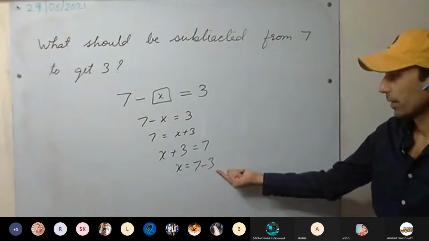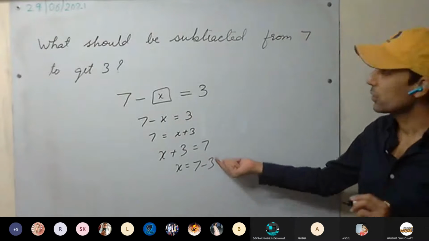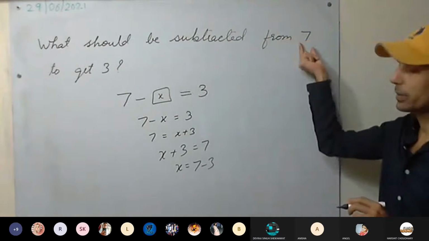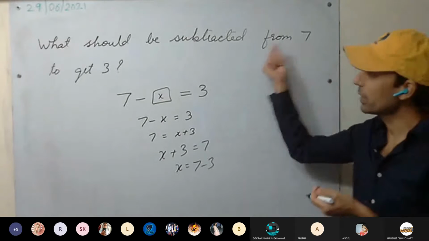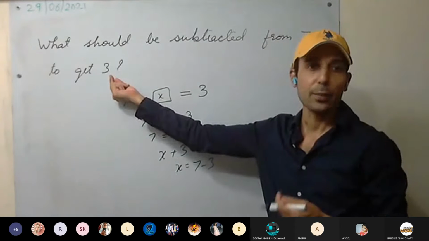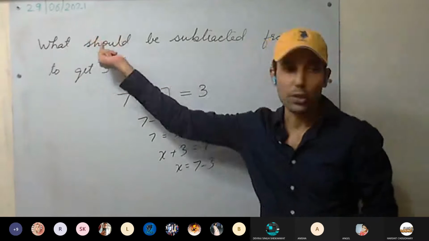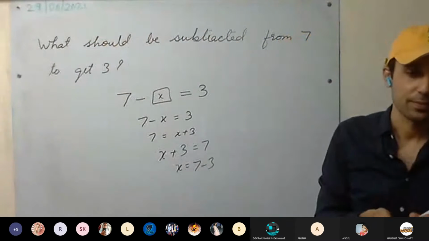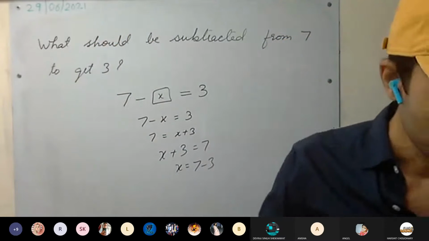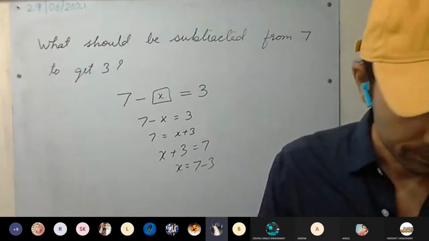Either way you can do. From 7 we subtract something and the remaining is 3. Understood?